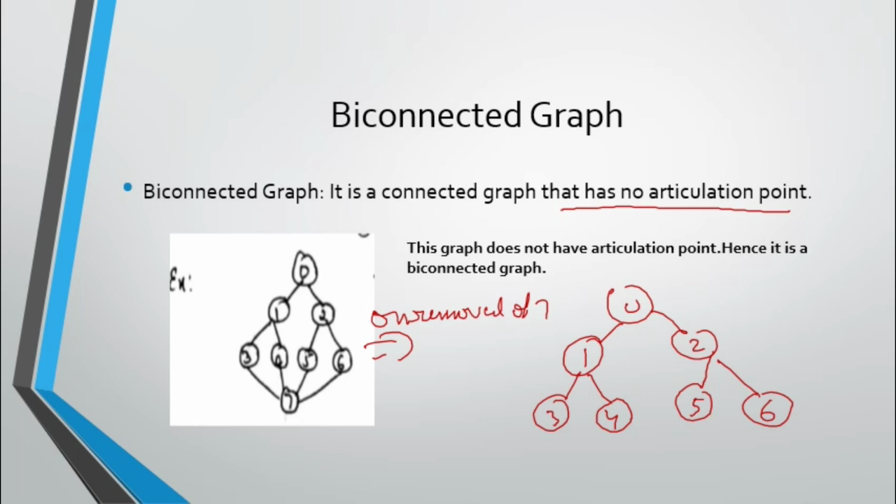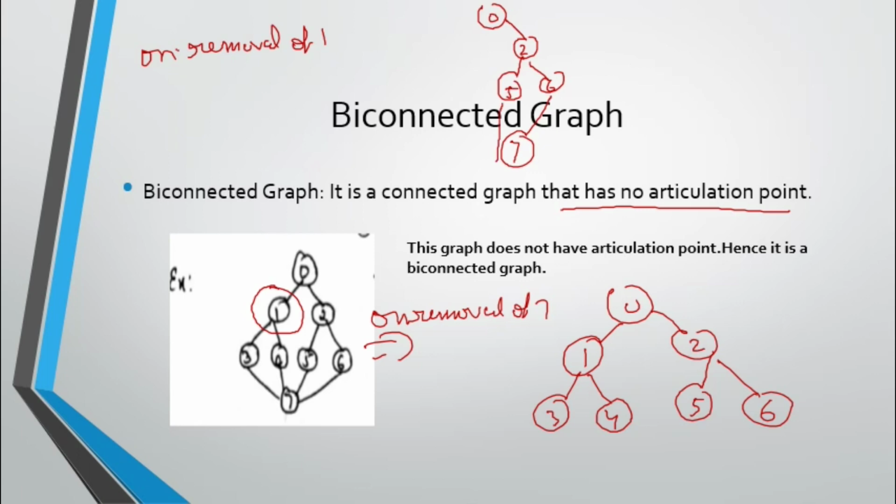Say if you remove 1, what happens? It will be a single graph only. On removal of 1, because 0, 2, then it will go to 6, then to 7. Then from 2 it will go to 5, then to 7.